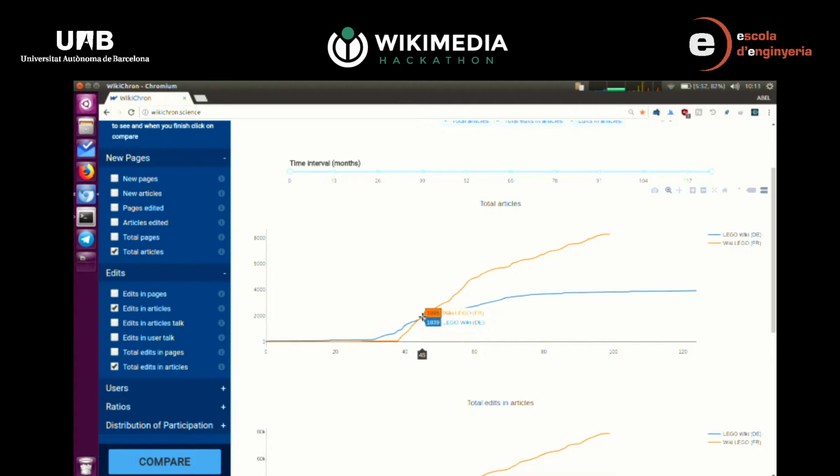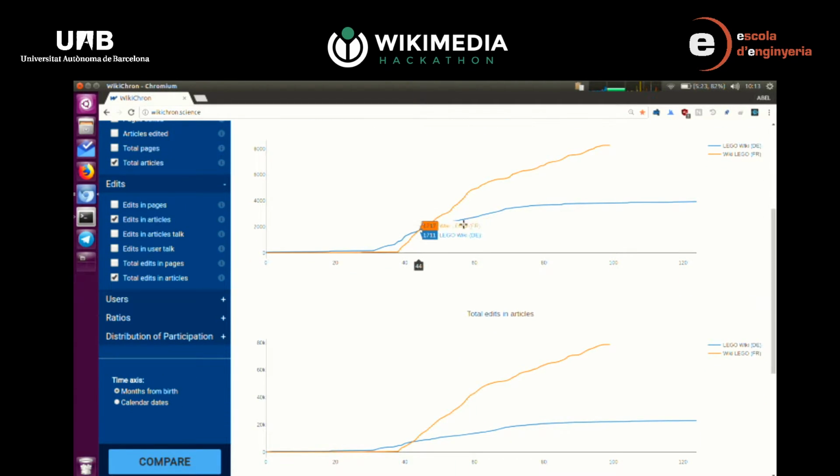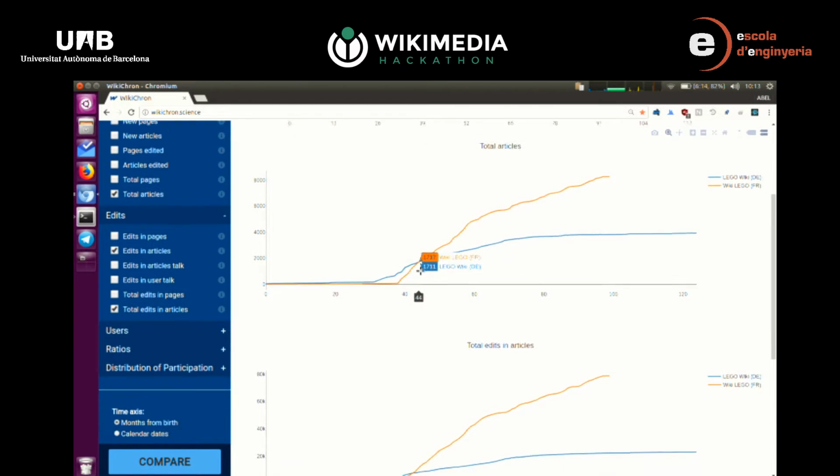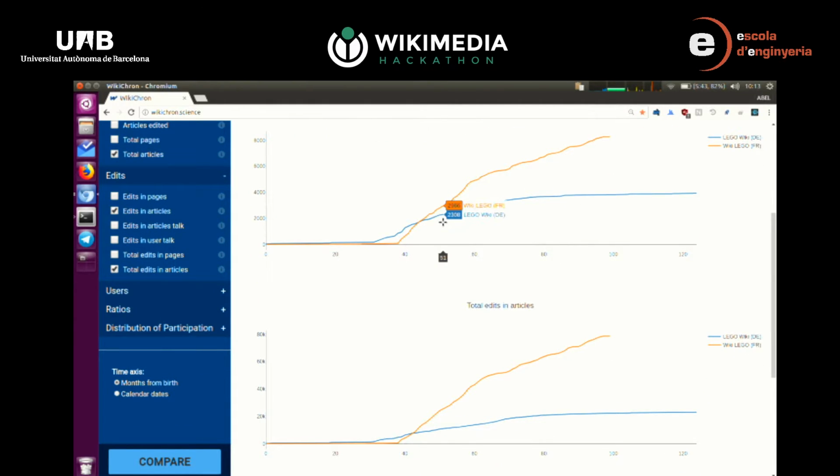But as we see here in these graphs, the evolution of these wikis is differing, they are changing through time, and the French wiki is going with a steeper upwards growth. So we see that since month 33 or so, they have a different growth.